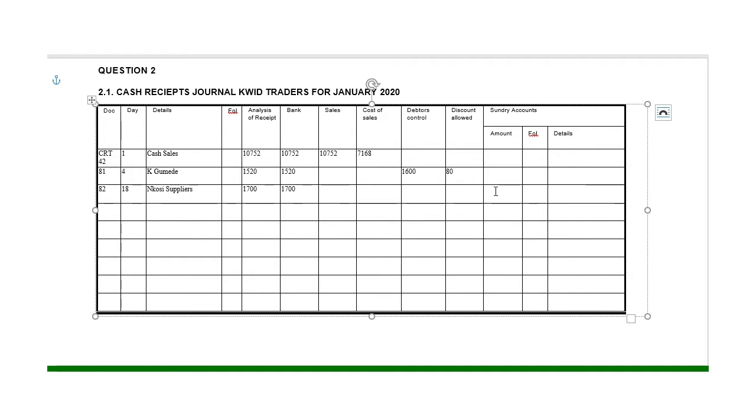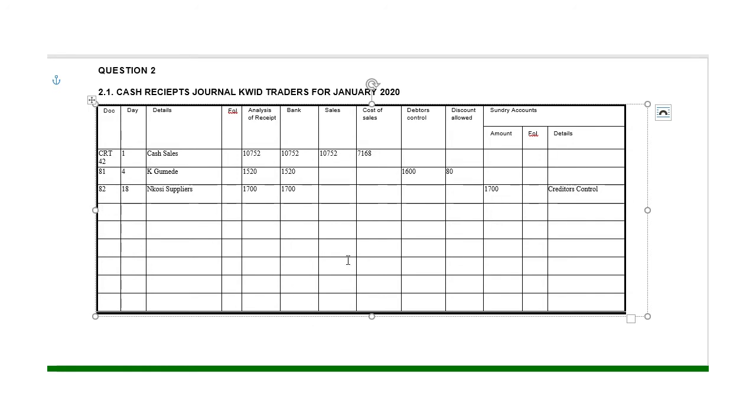No, there is none for creditors control, so I'll put it under sundries, 1,700, and the details would be the name of the account. Not a description, the name of the account, and the account name is creditors control. And that is it. It is still in bank and in a column on the right. All of them are the same.